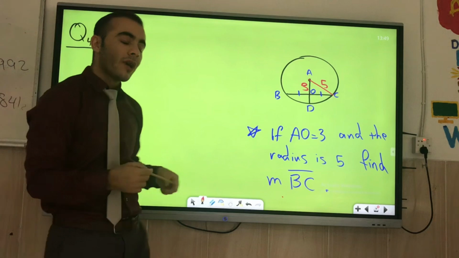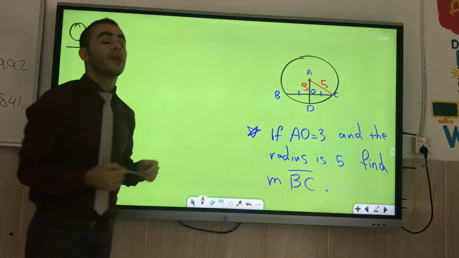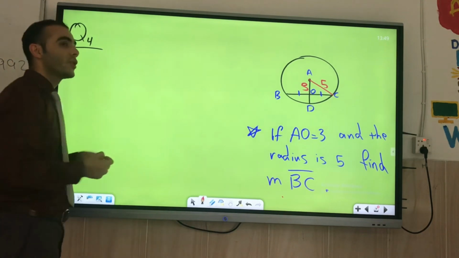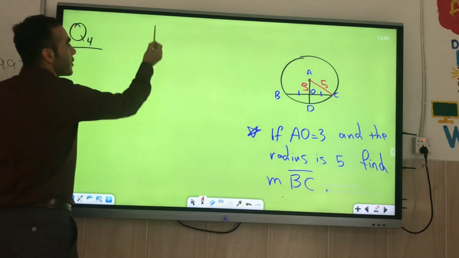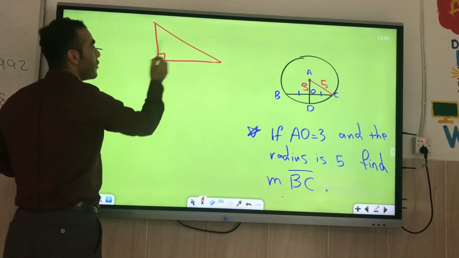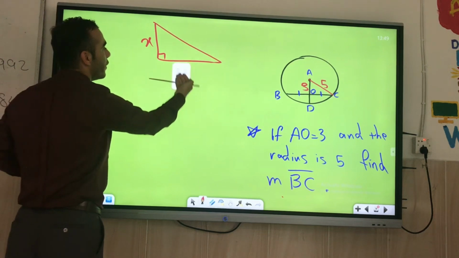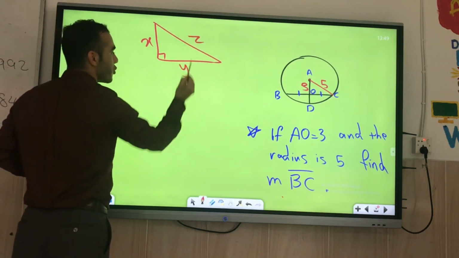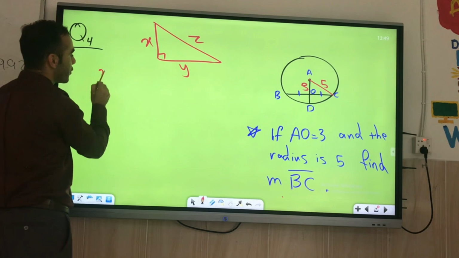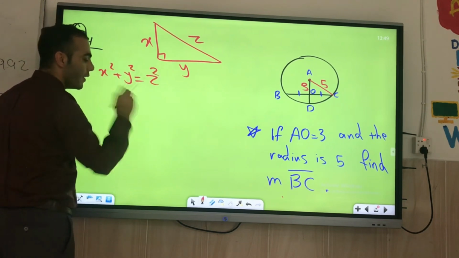For that question, guys, we need to remember a very important theorem, which is the Pythagorean theorem in section 6.1. It says, if we have a right triangle and the measures of these three sides are, let's say, x, y, z, then x squared plus y squared is equal to z squared, always.